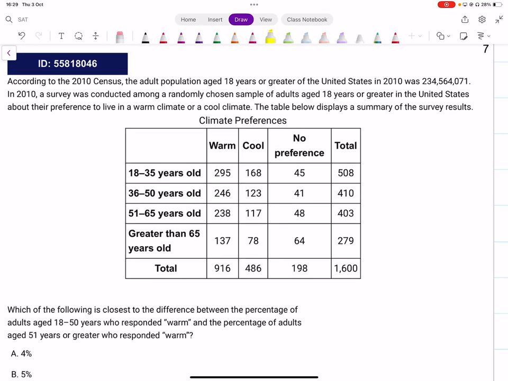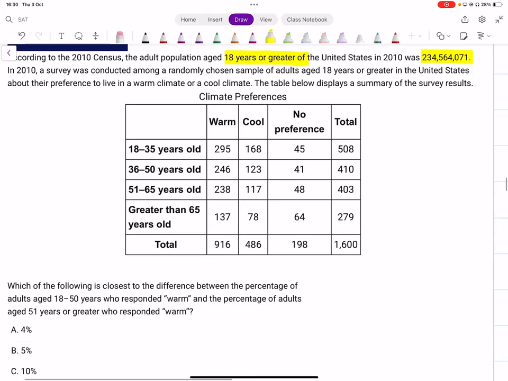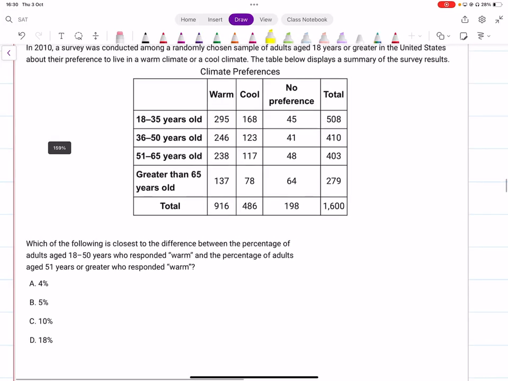Okay, this might be an important number. 18 years or greater. In 2010, a survey was conducted among a randomly chosen sample of these people about their preference to live in a warm climate or cold climate. So you have this information given in the table below.